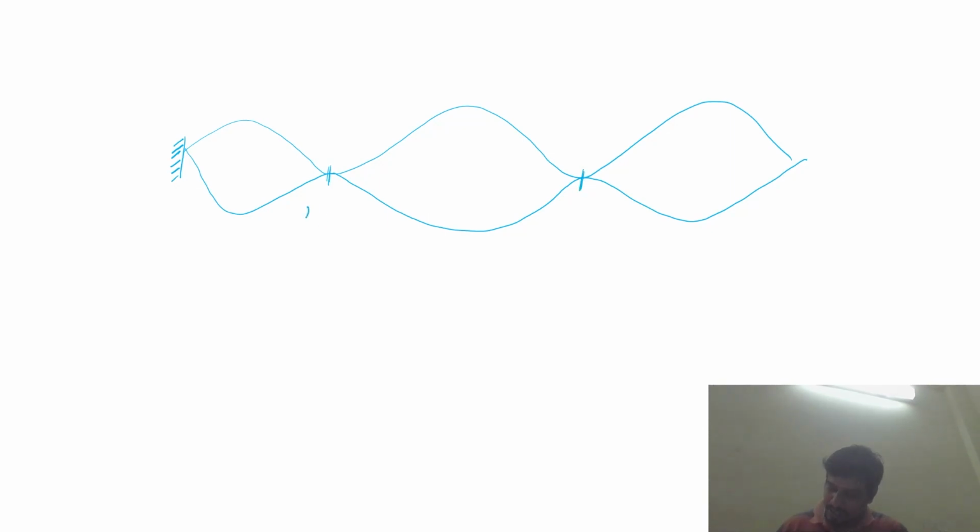These are the nodes. Here is actually the boundary condition, where the amplitude is 0. Here is the maximum displacement. These points are antinodes. Here, this is also an antinode.